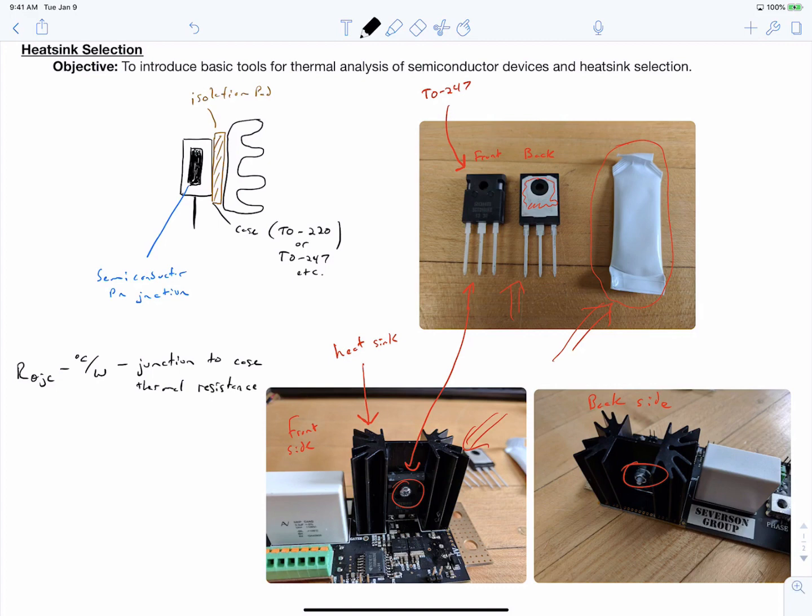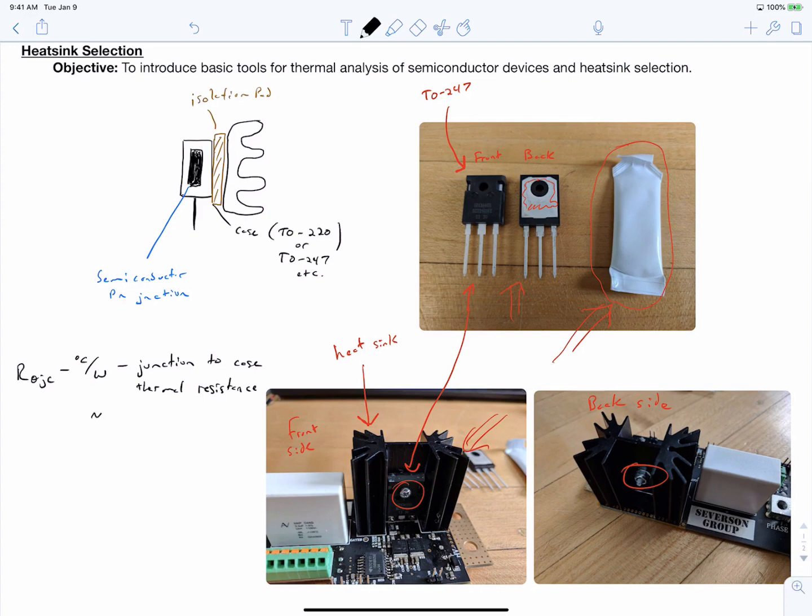This is telling us that if we have some loss in our semiconductor junction, and we are conducting that heat loss through our case to the isolation pad and the heatsink, we're going to have a temperature increase of some number of degrees Celsius per watt of power that's flowing out through our junction. And in the data sheet that we had looked at, we had seen a value of about 5.8 degrees Celsius per watt.